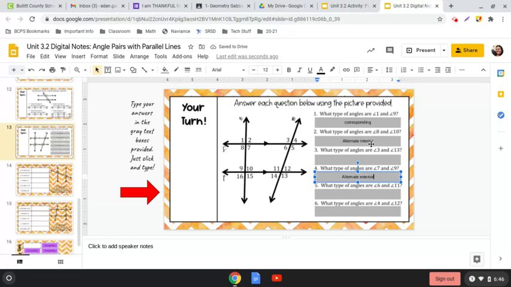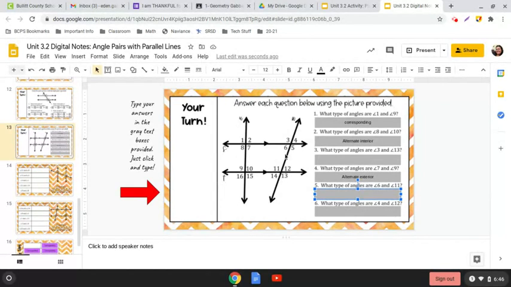All right, number 5. What type of angles are 6 and 11? Let's find 6 and 11. We're going to be working on this transversal right here. 6 is right here. 11 is right here.